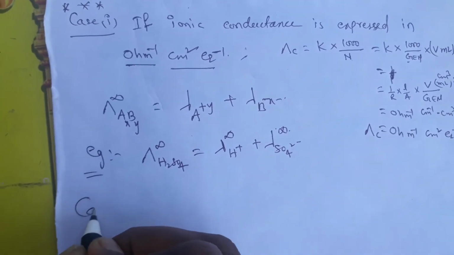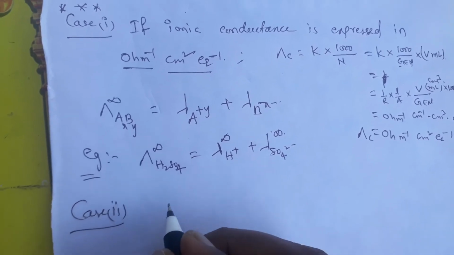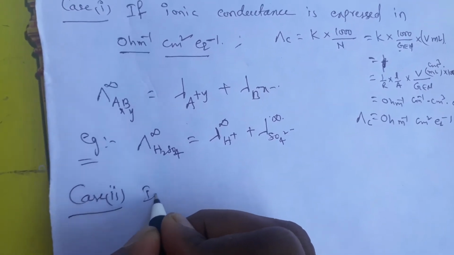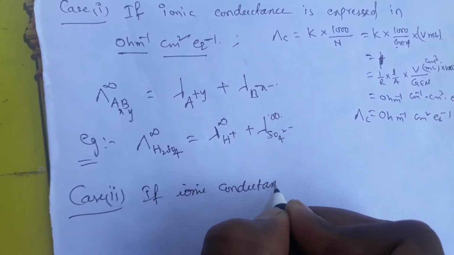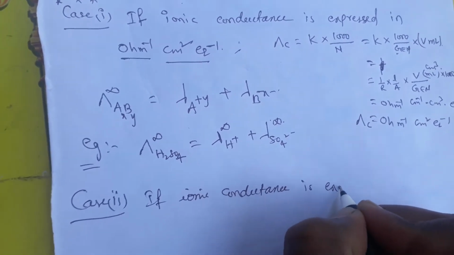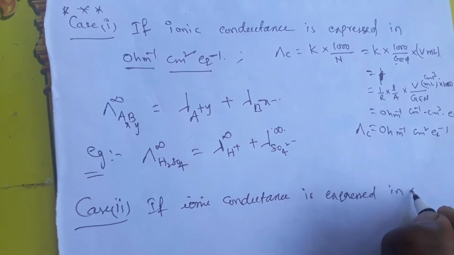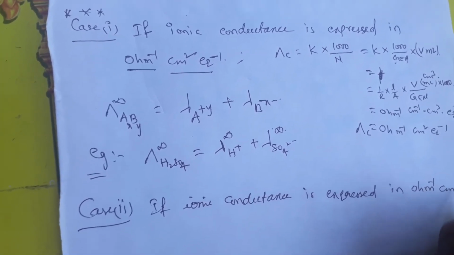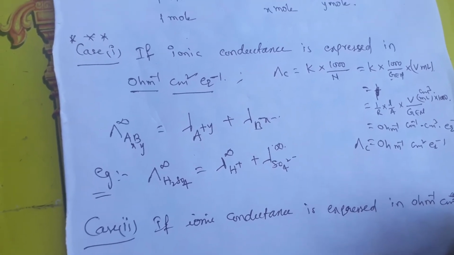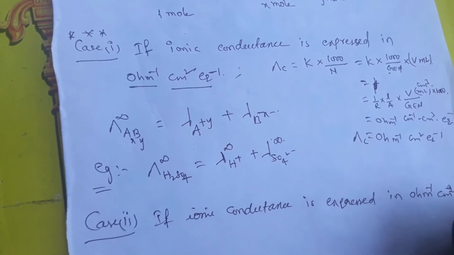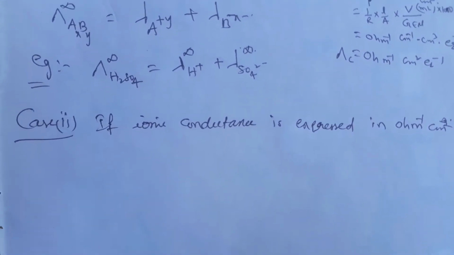But in case 2, if the ionic conductance is expressed in ohm inverse, centimeter square and mole inverse, so ohm inverse, centimeter square, mole inverse.